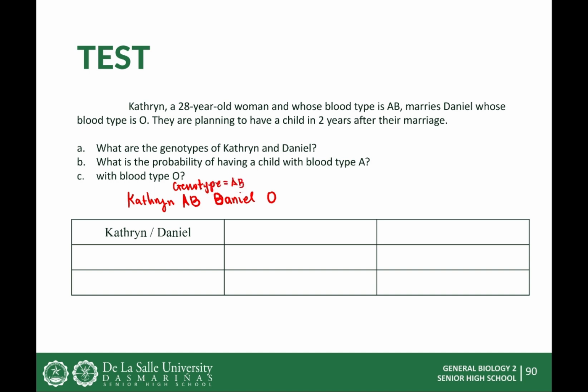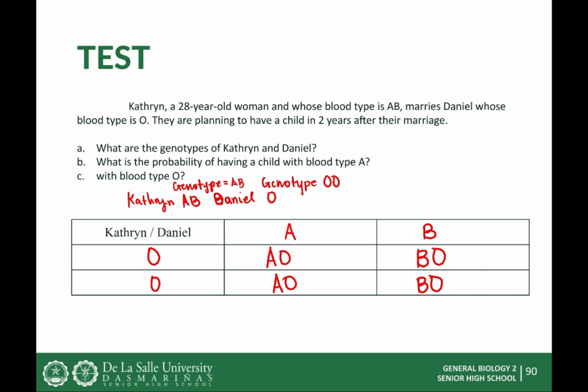Meanwhile, Daniel will have a genotype of OO. Now, let's write this in a Punnett square. Please separate the alleles, A and B for Catherine and O for Daniel. So, you have A and O, B and O, A and O, then B and O. Having these results of the offspring, these are the genotypes of the offspring.